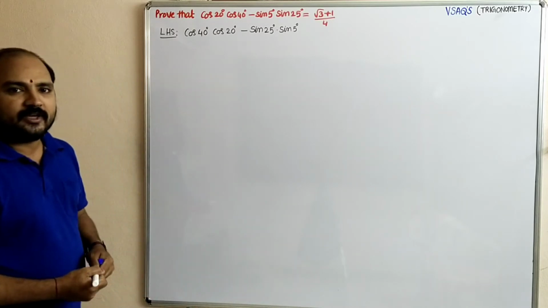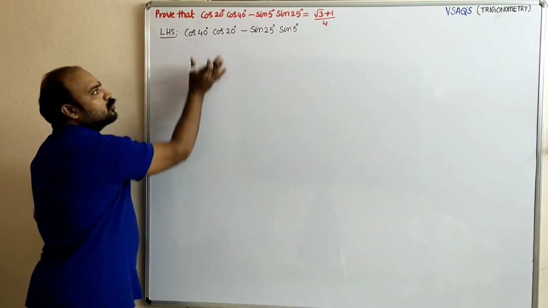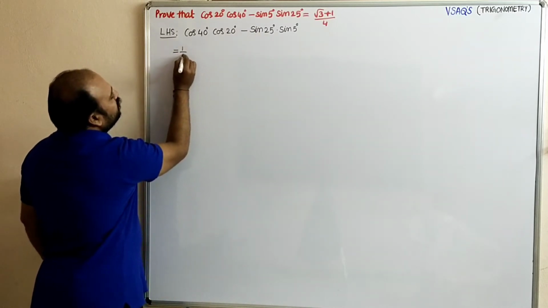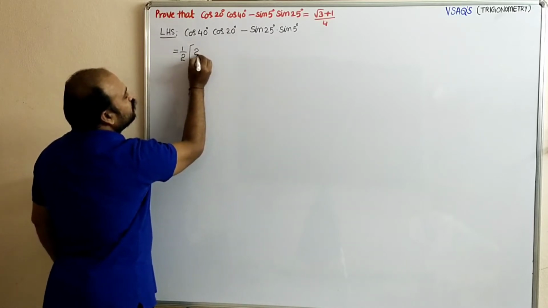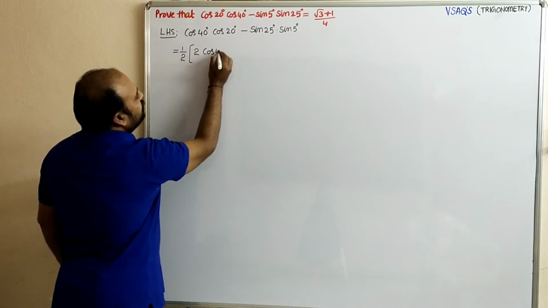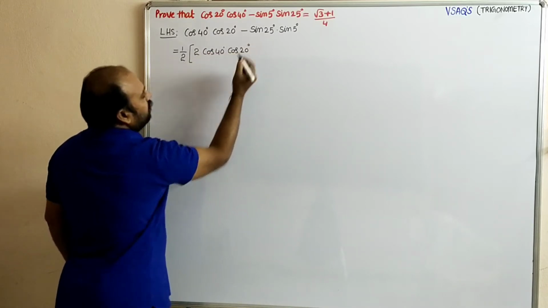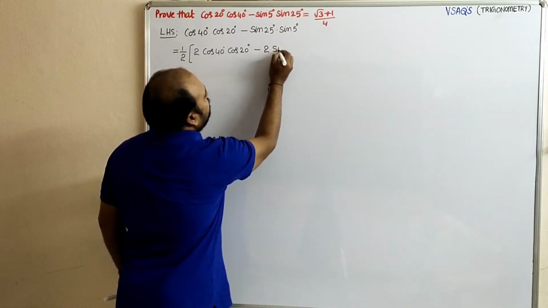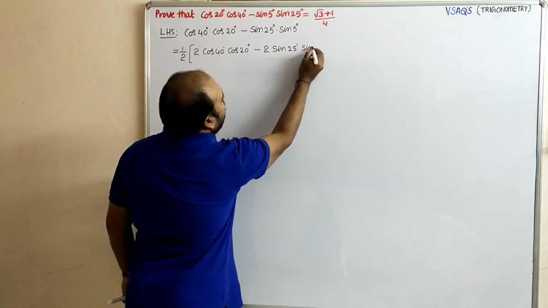So what I am doing is multiplying and dividing by 2 for every term. Here a total of 2 terms are there, which is equal to dividing by 2 and multiplying each and every term by 2. So 2 into cos 40 into cos 20 minus 2 into sin 25 into sin 5 degrees.